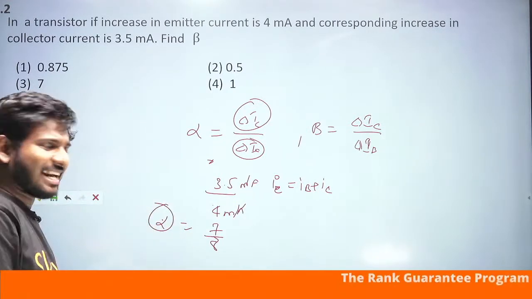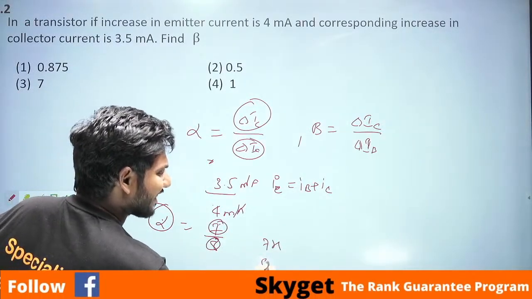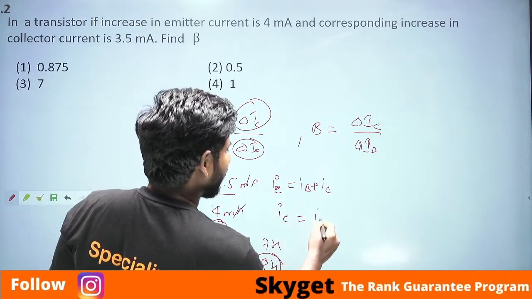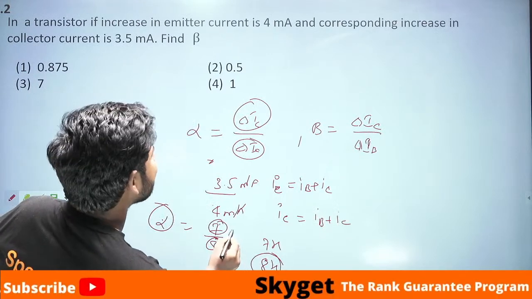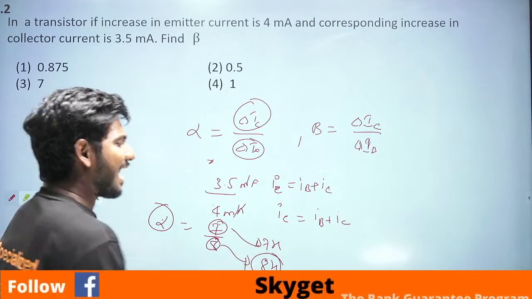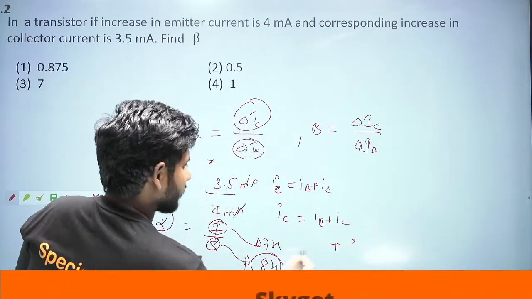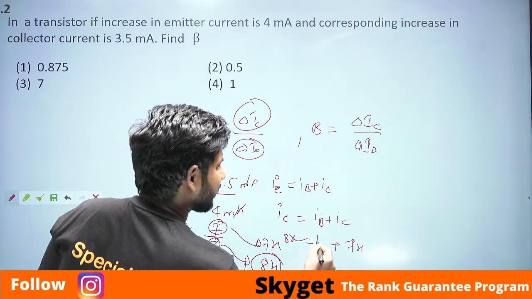So then we can consider collector current as 7x and emitter current as 8x. Then emitter current is equal to base current plus collector current. So what is the base current here, students?